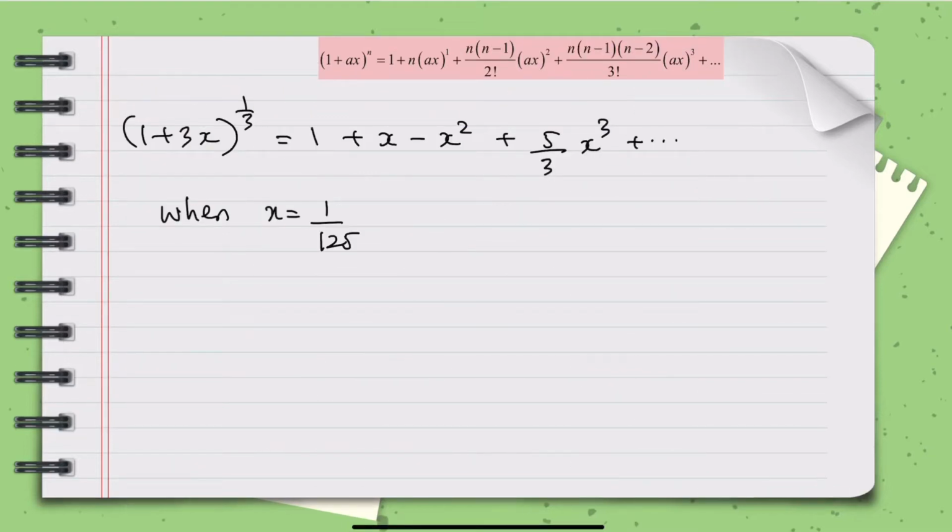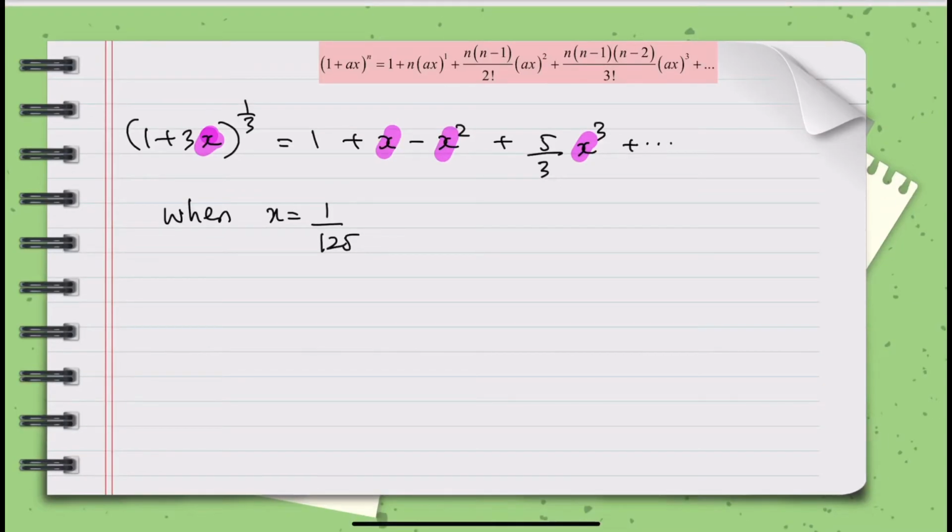Now, substitute x = 1/125 into your expansion for both sides. Meaning, you need to substitute x = 1/125 into this x, this x, this x, and this x.